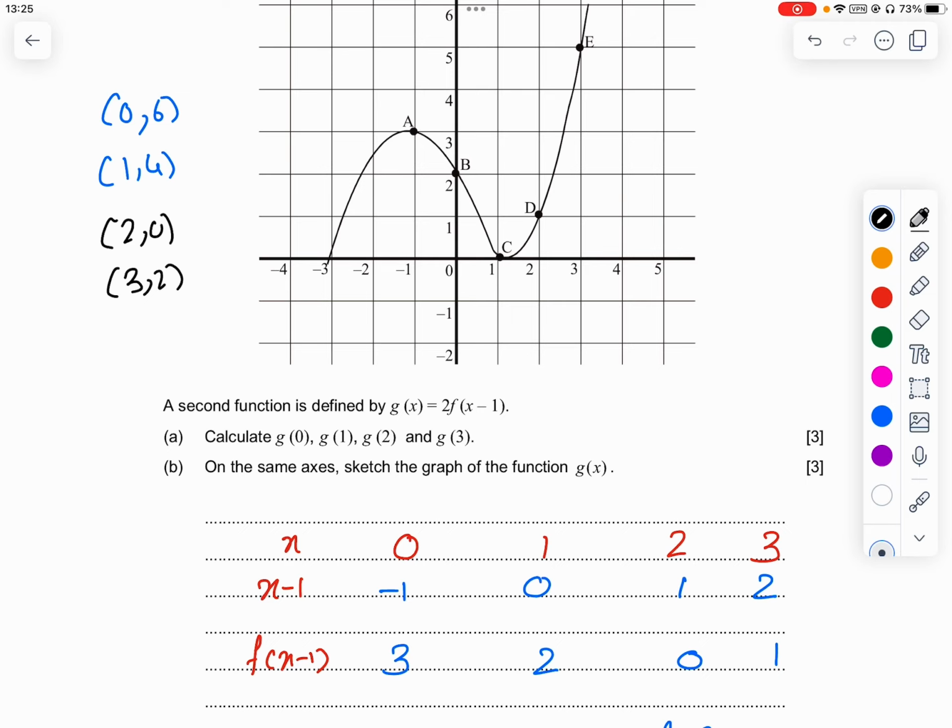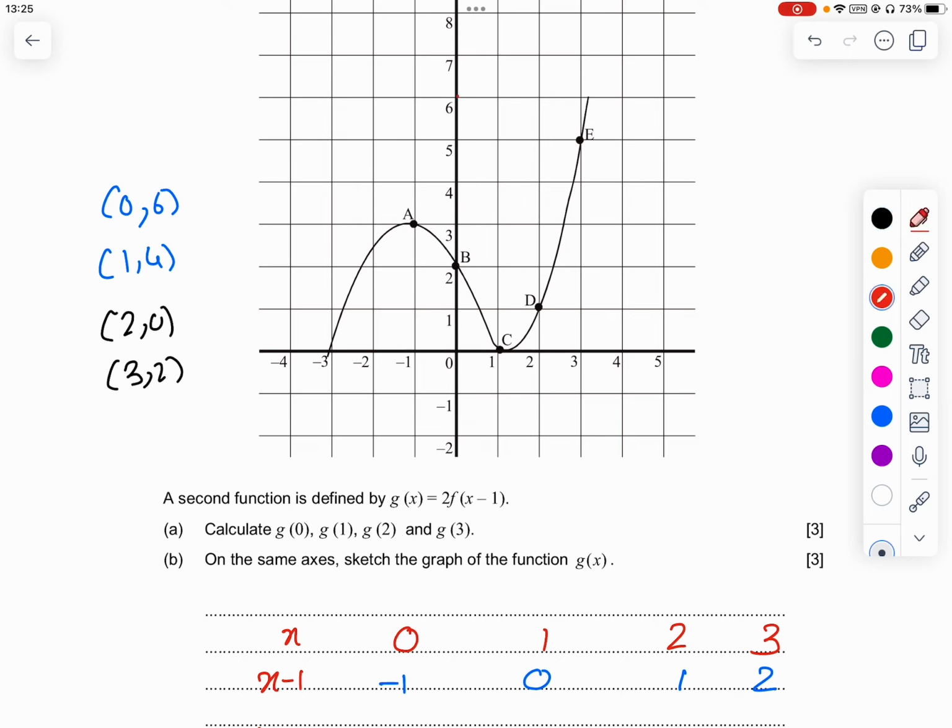So 0, 6, then 1, 4, 2, 0, and 3, 2. And over here minus 2, 0.